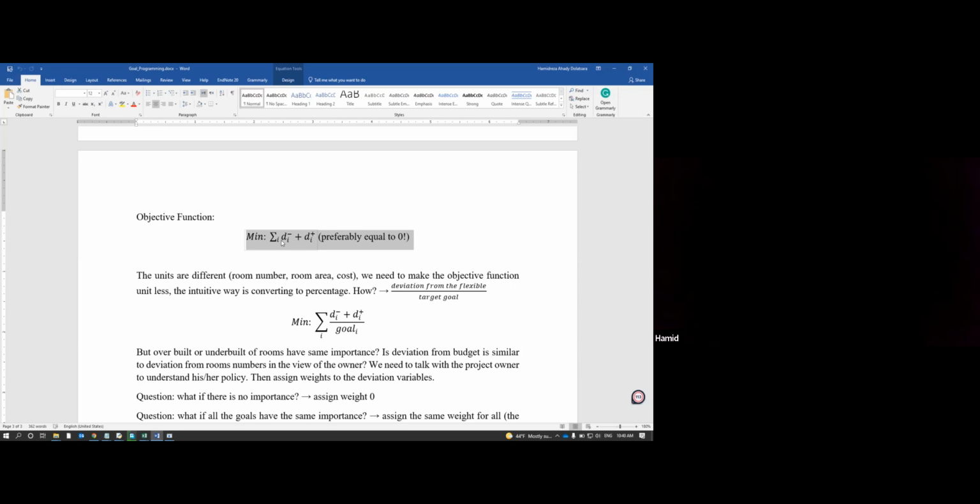So you cannot say, let's say, 100K over budget plus 2 rooms plus 250 square feet. You cannot just add them up. They have different units. To make them unitless, we divide them by our goal. So deviation divided by goal makes them unitless.